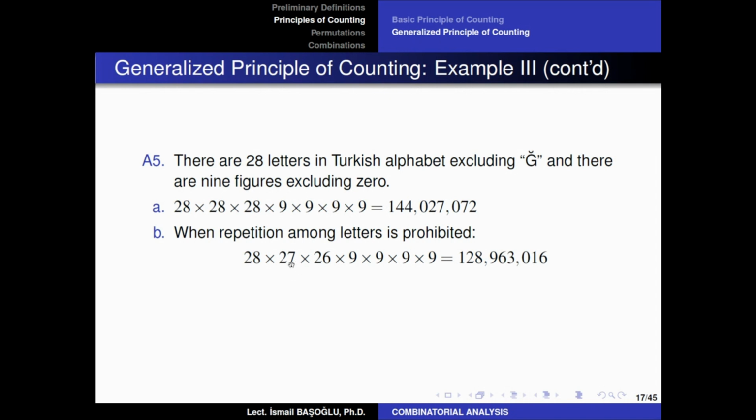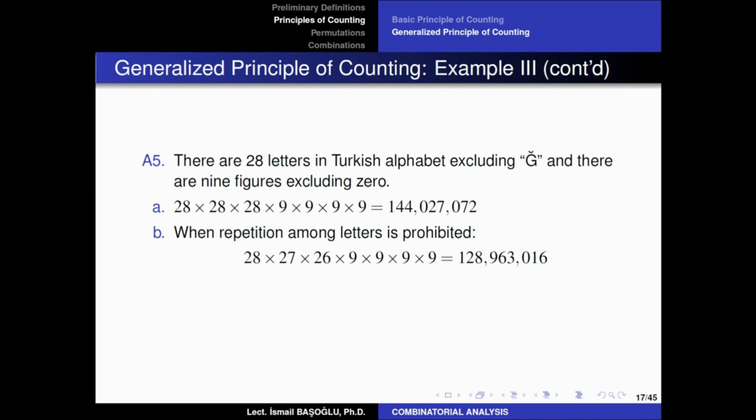And once you determine the second character as well, in the third position, we can only assign one of the remaining 26 letters. Therefore, the first, second, and third experiments here will have respectively 28, 27, and 26 possible outcomes.